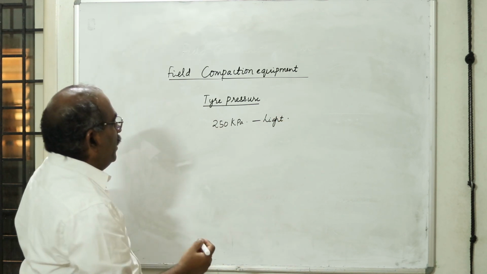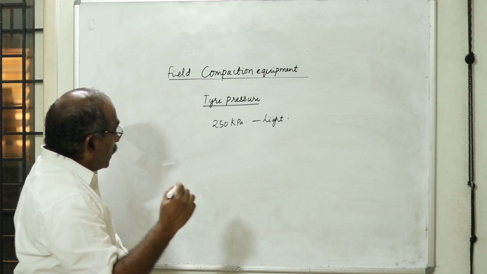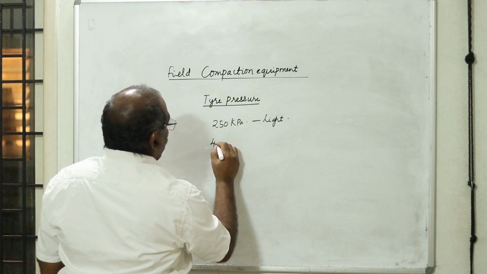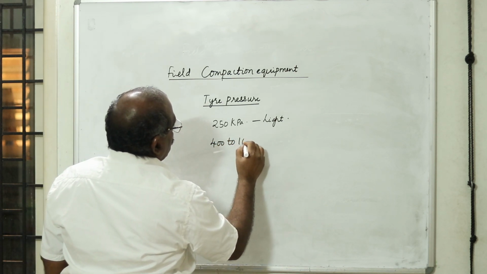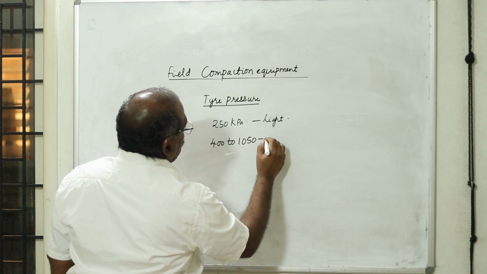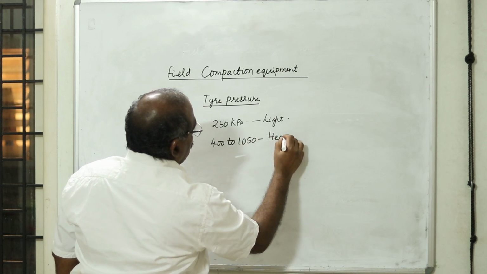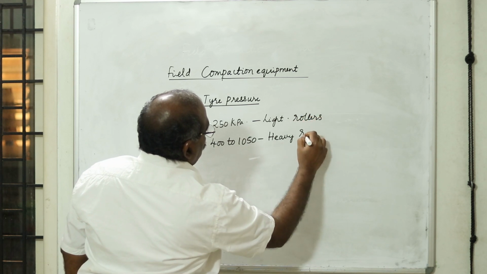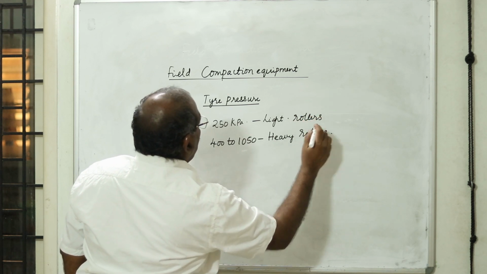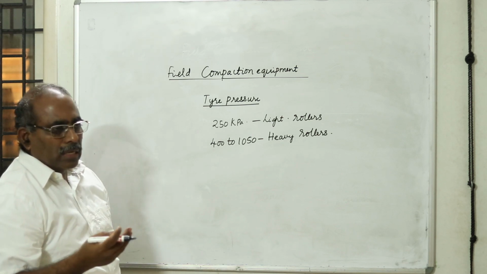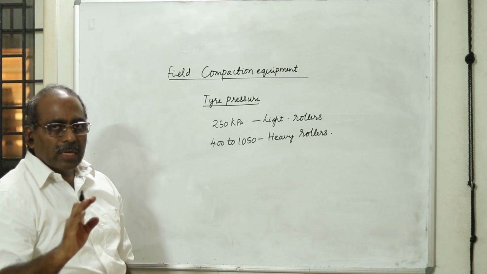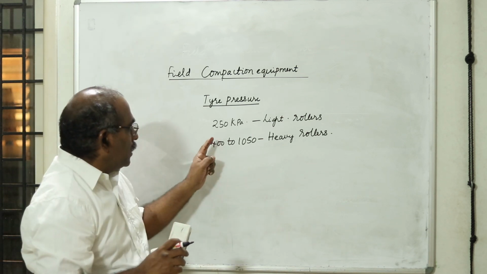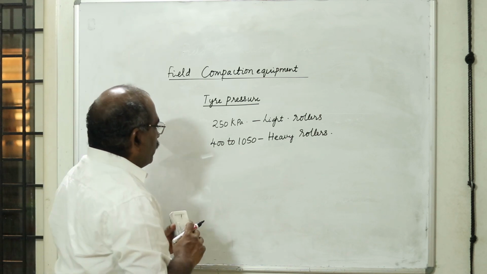If you have heavy compaction equipment, the tire pressures can go from 400 to 1050 or 1100 for heavy rollers. I already told you we have 5-ton roller, 10-ton roller, then 20-ton rollers, different types of rollers are there. Therefore, you can expect that the tire pressures are going to be different.